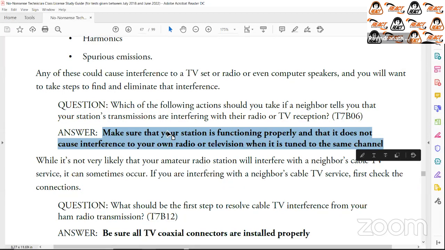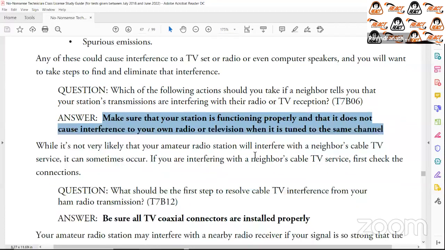Well, you can make sure that your station is functioning properly and that it does not cause interference to your own radio or TV when it is tuned to the same channel. So that's one thing you can do. If your neighbor tells you that you're interfering with them, check if you're interfering with your own radio and TV.